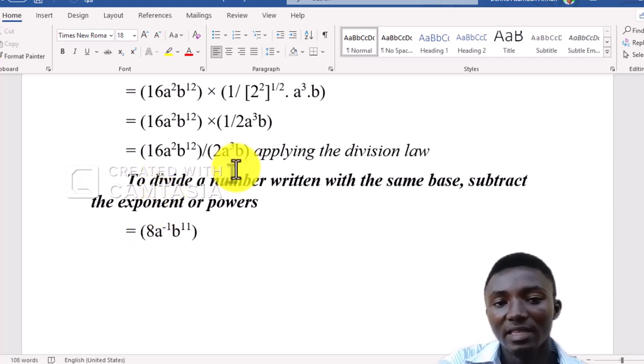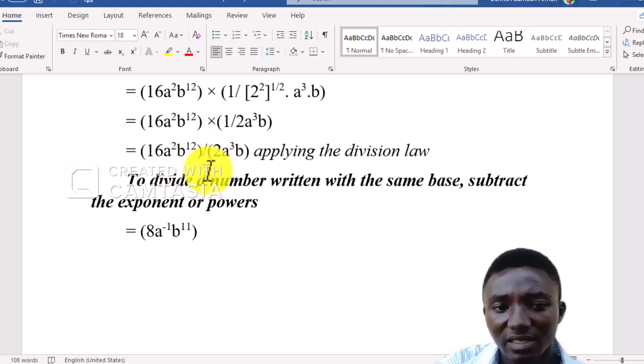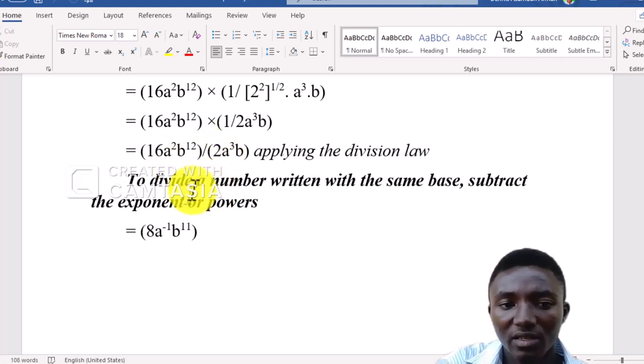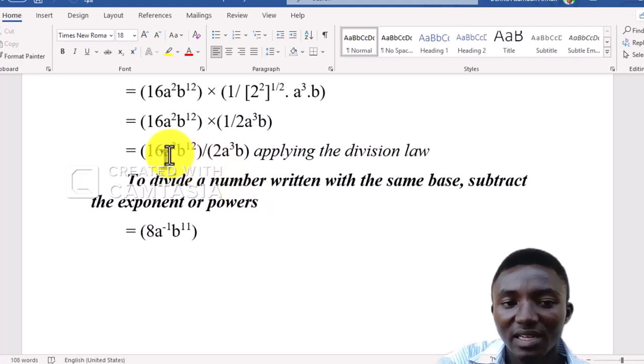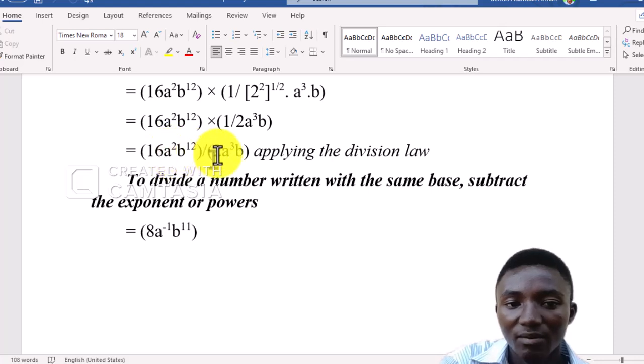Then look at the a. We have another a here. Now compare the 2. Don't forget you are dividing, still indices. So we are applying this rule, the boldly written text here. The rule says that to divide a number written with the same base, so we are dividing this a square and a cube. They have the same base.